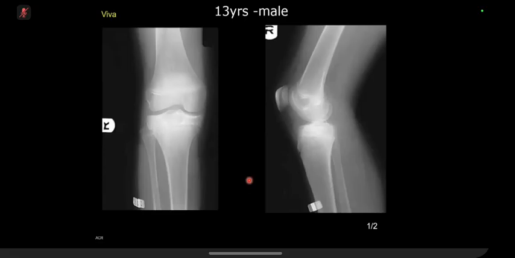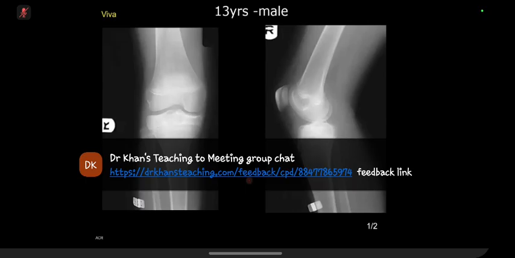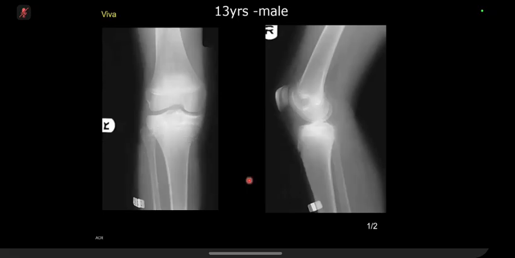There appears to be increased sclerosis in the proximal tibial epiphysis with what appears to be a central lesion. The lesion is fairly lucent, has a narrow zone of transition. There's no associated periosteal reaction or soft tissue component.